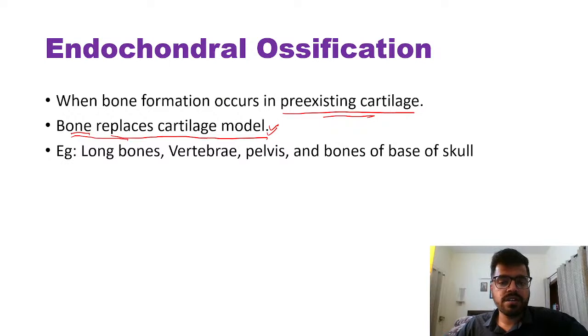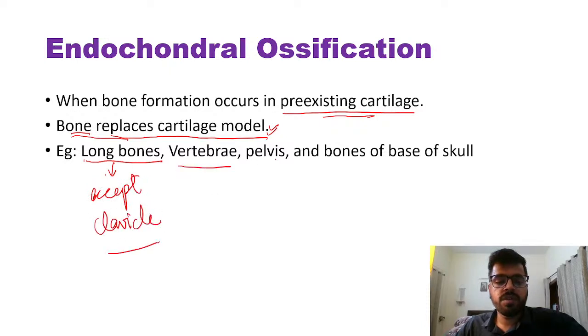So first there is a cartilage model, then ossification occurs in it. It is seen in all long bones except clavicle. It is seen in vertebrae, pelvis, and bones of the base of skull. The base of skull has enchondral ossification.